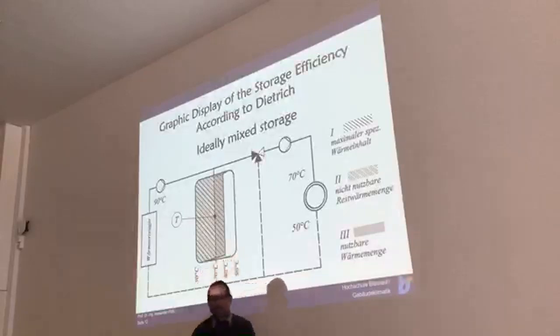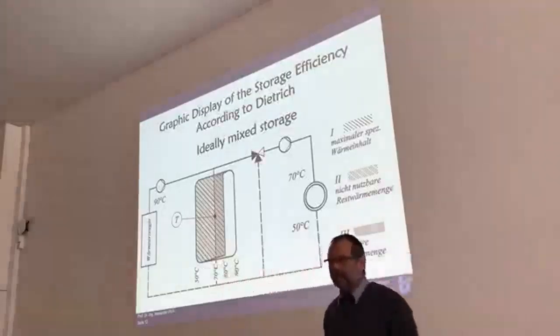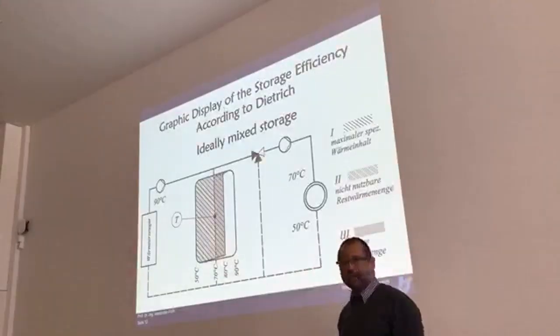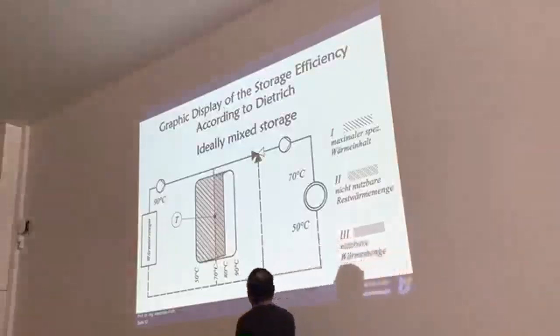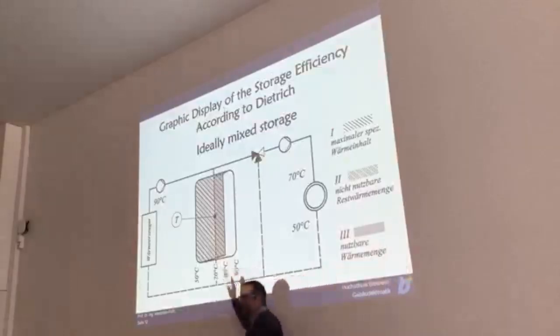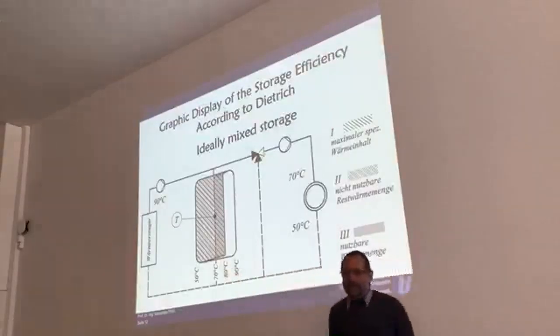The question is to which temperature you can charge the tank. Theoretically, you can load it to a maximum temperature of 90 degrees. But we figured out that in that constellation, that point was set to 80 degrees.